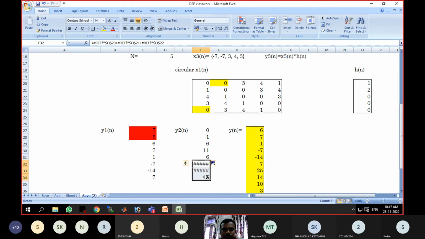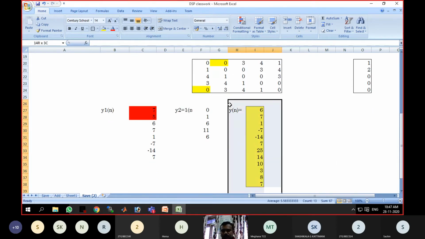So only 5 calculations. So the calculation of y1, let me remove all these things. Okay, previous data.